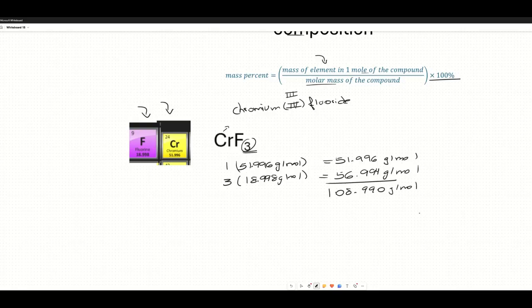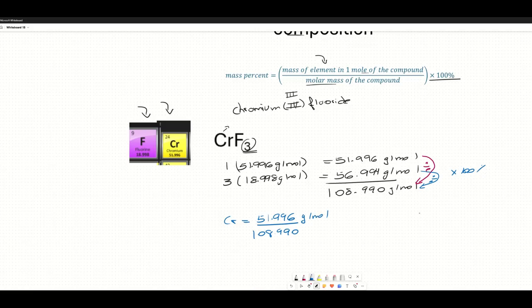Now I need to grab the part. I divide each part by the total, times 100. For chromium, it will be 51.996 divided by 108.990 grams per mole.